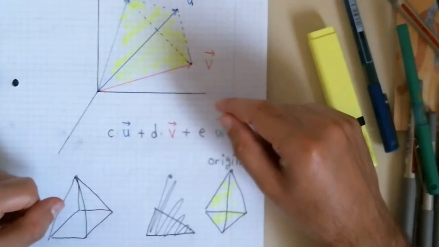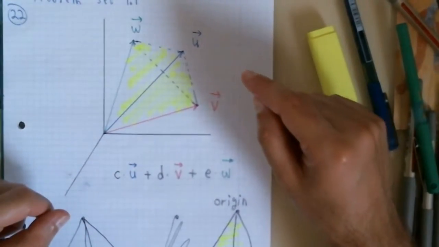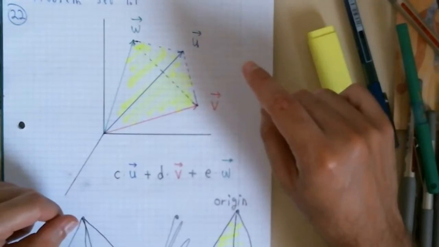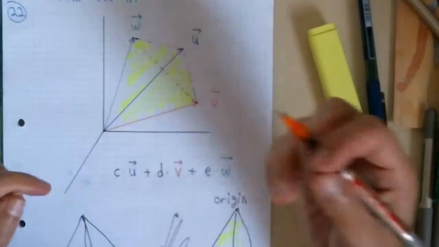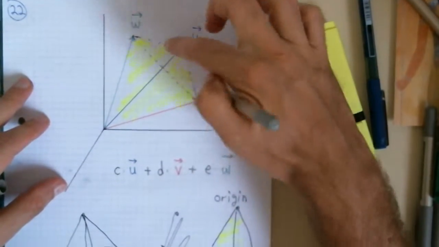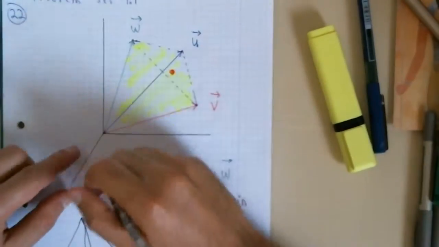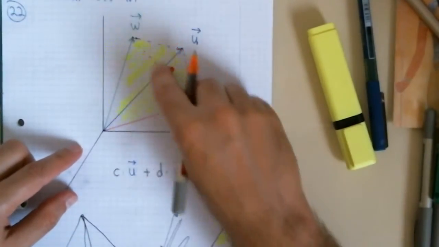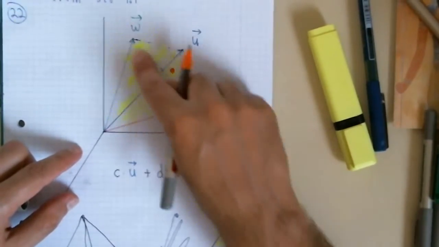Let's say we talked about it in question 20, when we had the point where all the medians met. I don't know if you remember, but there was a point, let's say it's about here, and this was the center of gravity of this triangle.